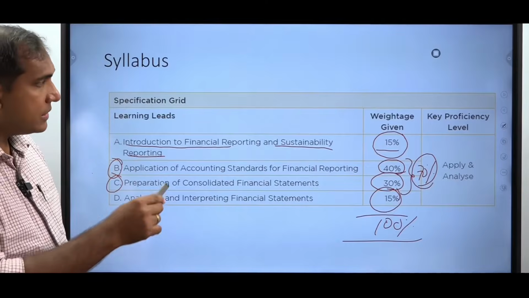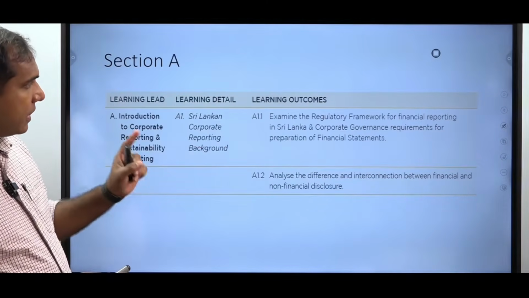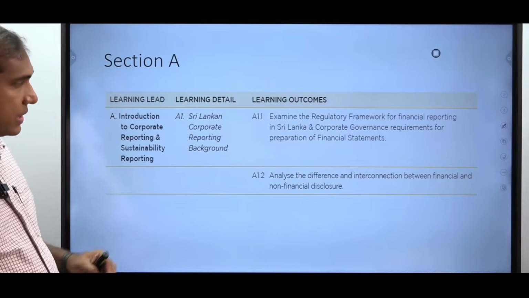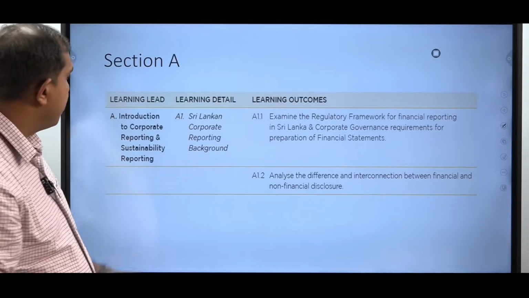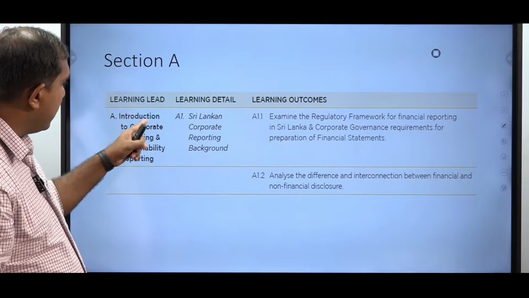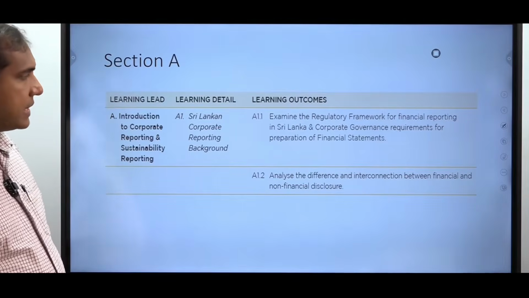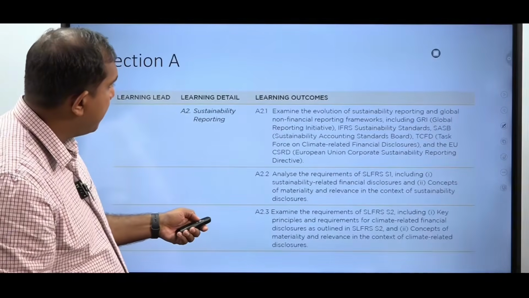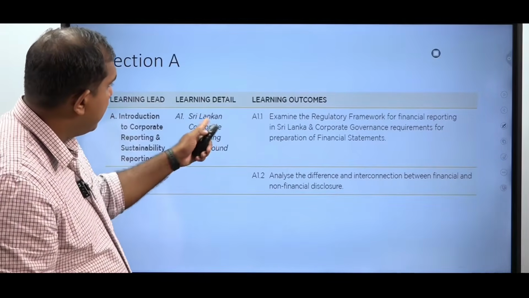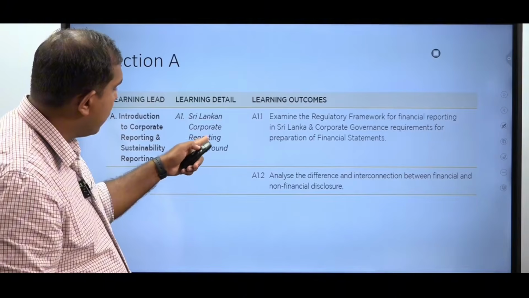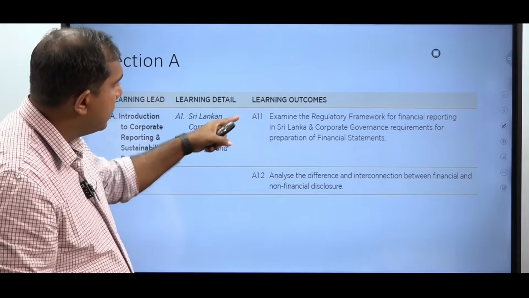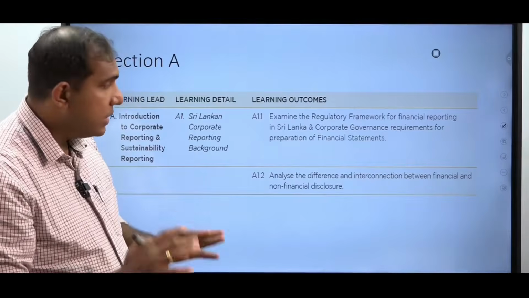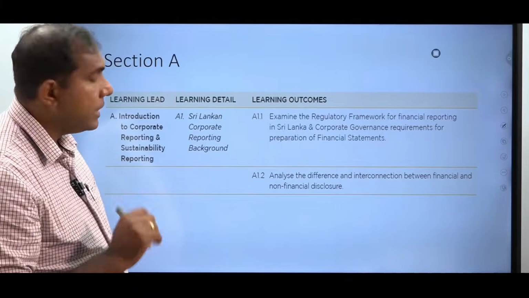You should write this. Then the individual learning objectives of each and every section. Look at this one. First section, introduction of corporate reporting and sustainable reporting. There are Sri Lankan corporate reporting background, A1.1, A1.2. There are two learning outcomes.